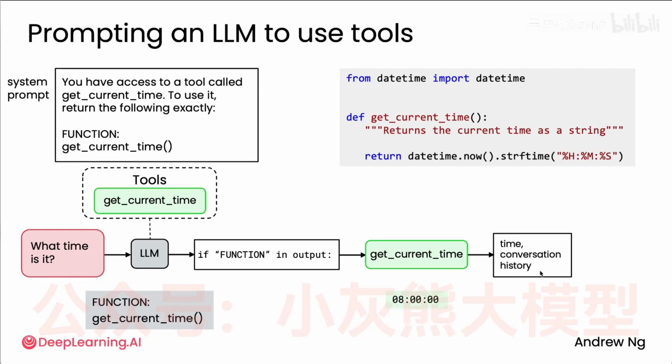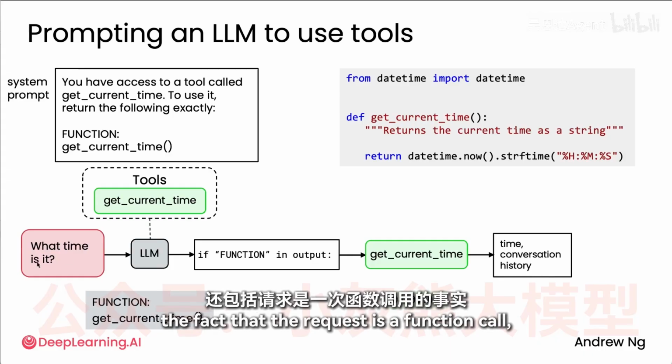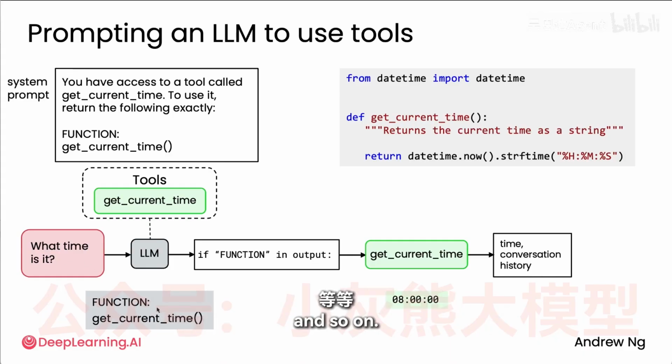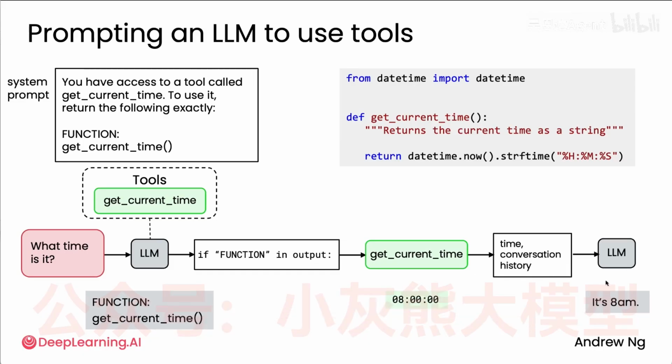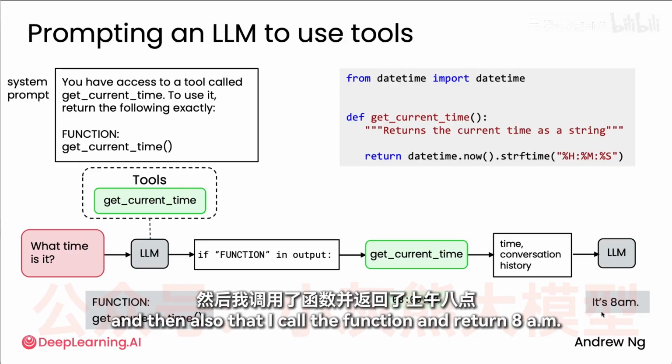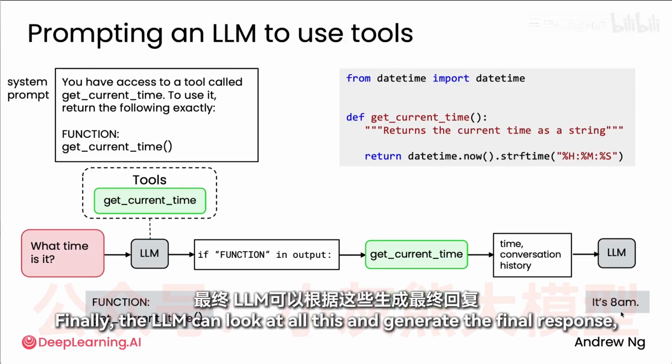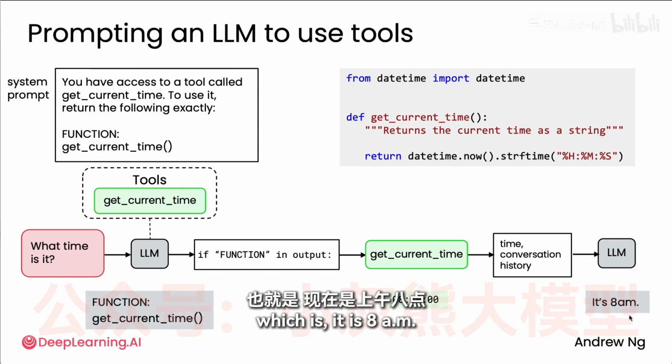And the conversational history, of course, includes the initial user prompt, the fact that it requested the function call, and so on. And lastly, the LM, knowing what had happened earlier, that the user asked this question, requests a function call, and then also that I call the function and return 8 a.m. Finally, the LM can look at all this and generate the final response, which is, it is 8 a.m.